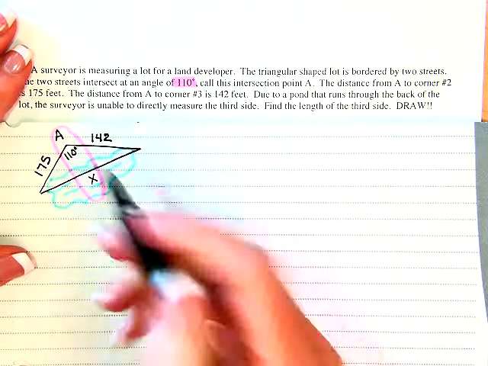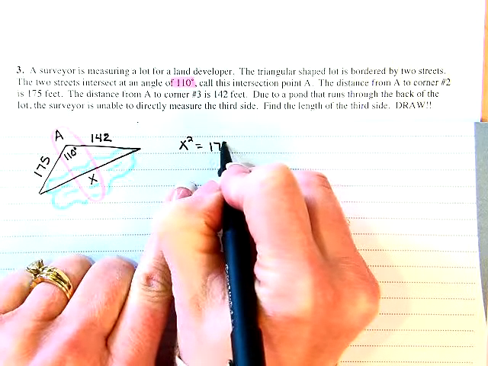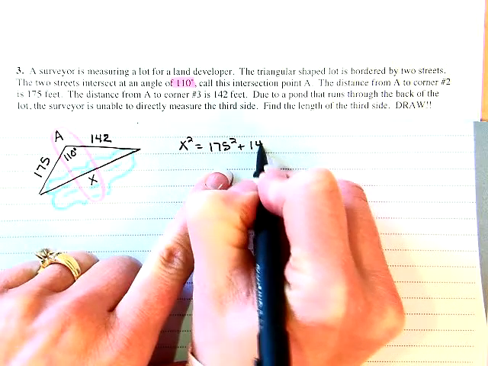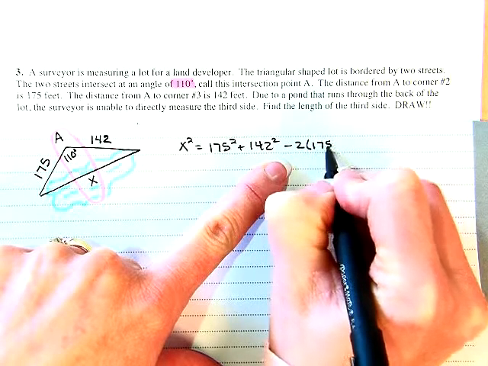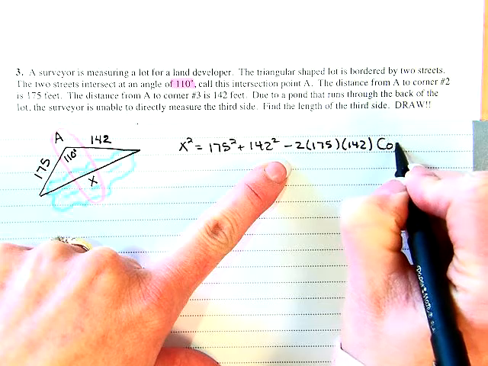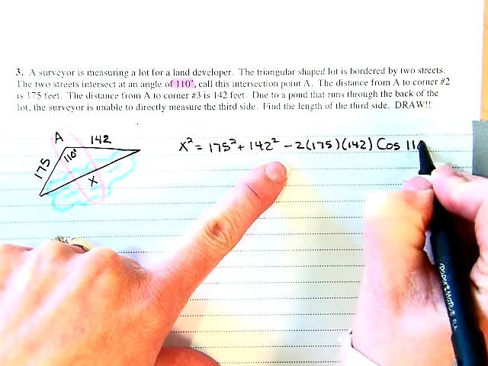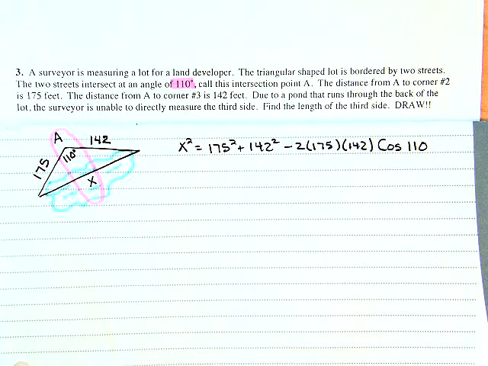So here we go. So we've got x squared equals 175 squared plus 142 squared minus 2 times 175 times 142 times the cosine of 110. And again, you're just going to type that whole thing in your calculator.